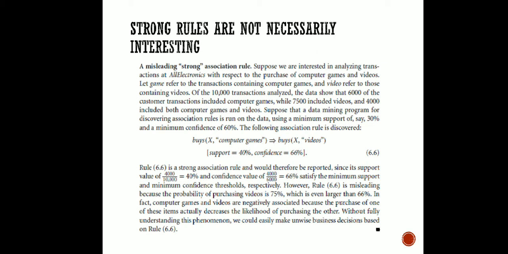Now suppose the data mining program for discovering association rules has the minimum support set to 30% and minimum confidence to be 60%. Using this, we want to determine whether the association rule, if X buys computer games, then X buys videos, is strong or not.